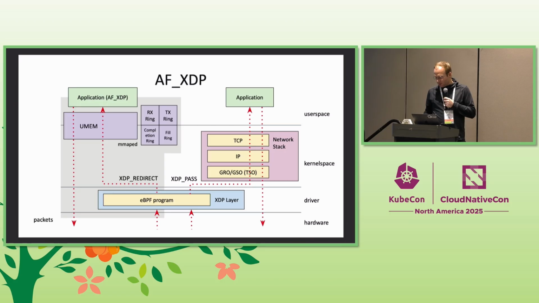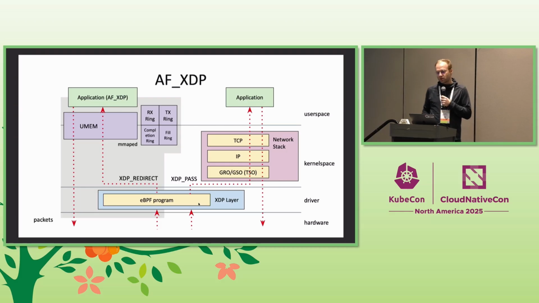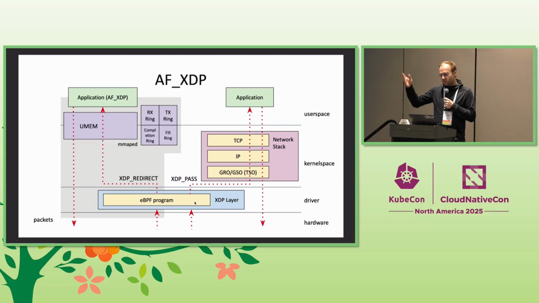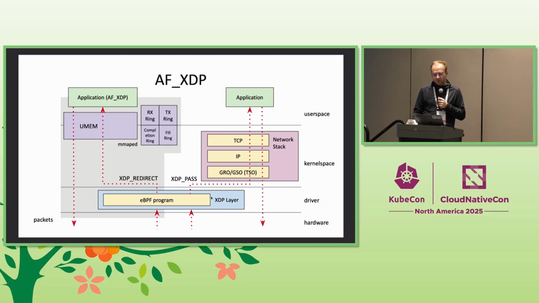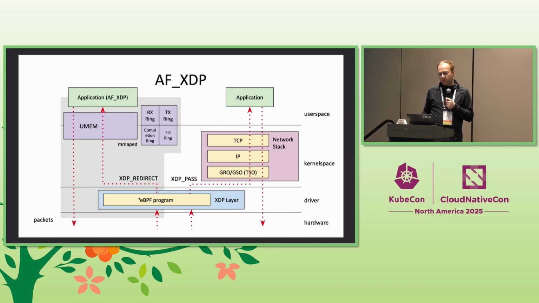So this is roughly how it looks. On the receive side, when packets go into the node, you have a BPF program at the so-called express data path layer, which is inside the network driver. The BPF program can decide to push packets up to the local stack into applications. So this will go into the IP, TCP layers, and eventually into the application. But you can also redirect traffic into an AF_XDP socket.